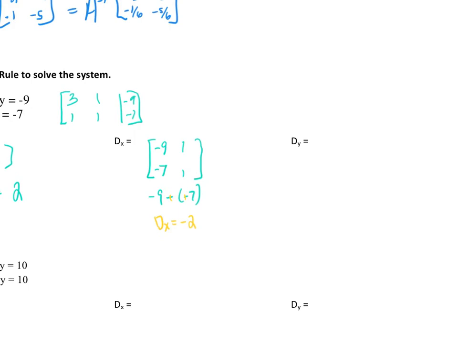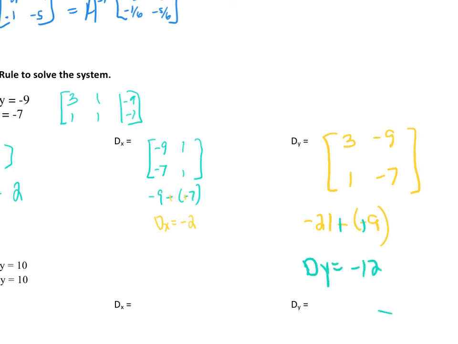And then D sub y, same thing. In the x column, I'm going to use my coefficients of x, 3 and 1. In the y, I'm going to use my answers, negative 9 and negative 7. Multiply our majors, so 3 times negative 7 is negative 21. Minus our minors, 1 times negative 9 is negative 9. This obviously becomes plus, so my D sub y is negative 12.